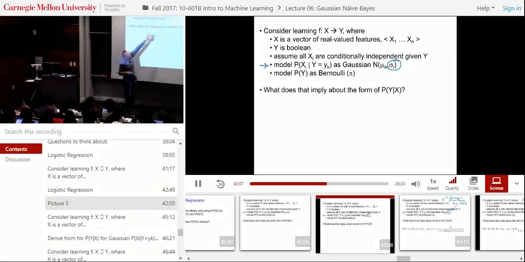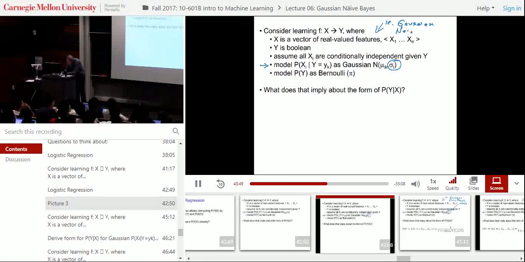But I am going to make these assumptions. So this is basically the Gaussian naive Bayes assumption, where I assume sigma just depends on the x sub i's.